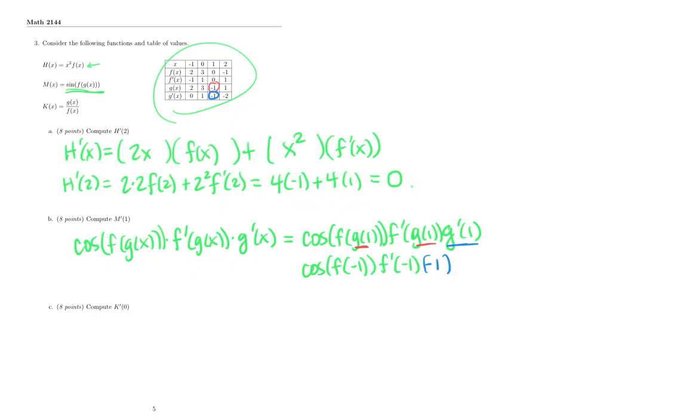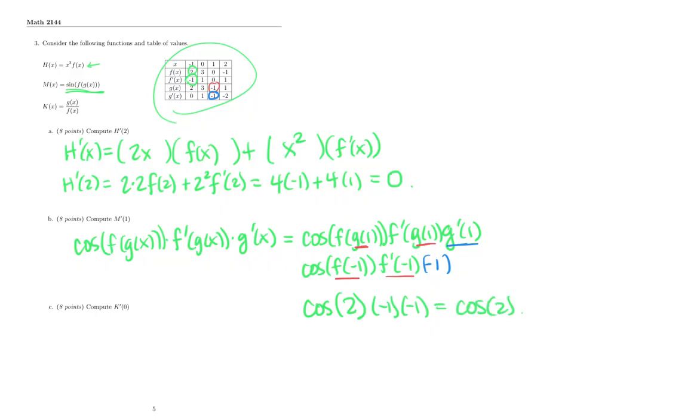Okay. And then now I can look at f of -1 and f prime of -1. And so I get cosine of, f of -1 is 2, and f prime of -1 is -1. So what I get is cosine of 2.